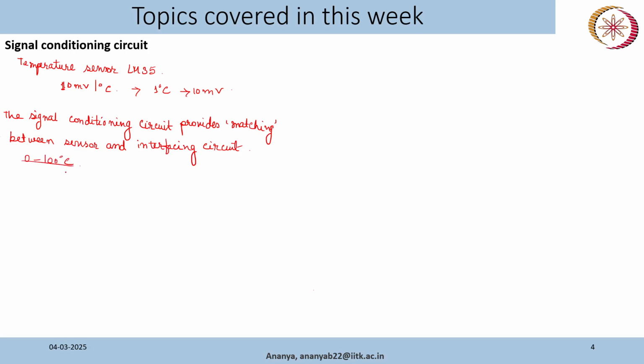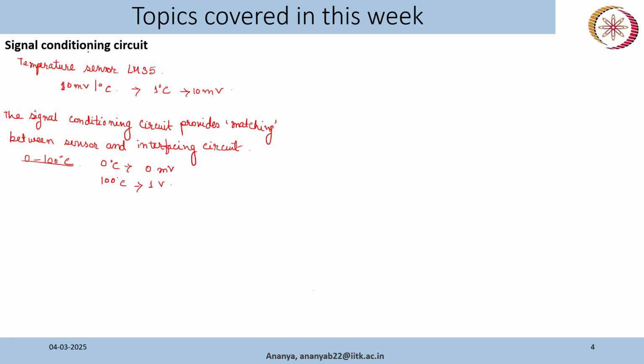So if it is 0 degrees, the sensor will give 0 millivolt, or 0 volt, output, and if it is 100 degrees Celsius, you can use this sensitivity information, the output will be 1 volt. Okay.